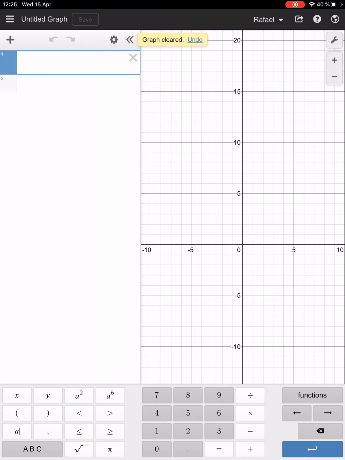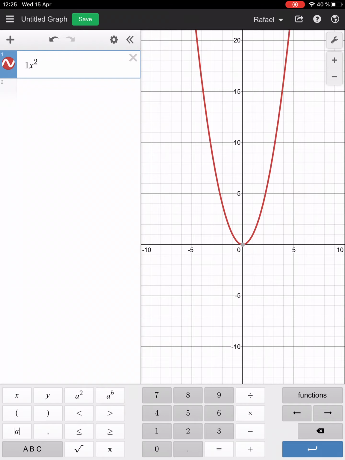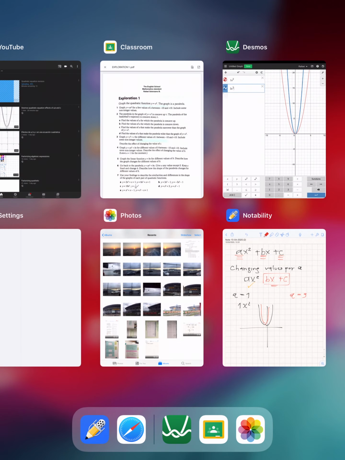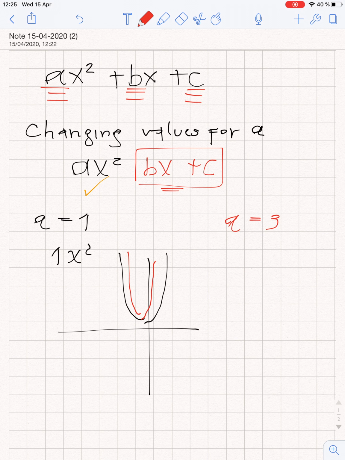In this one, when we have the value 1x squared, we have this. And when we have the value 3x squared, we have this. If you see the blue curve, when you are changing the value for a and the value is greater than 1, we are going to see that the curve is closer to the y-axis.